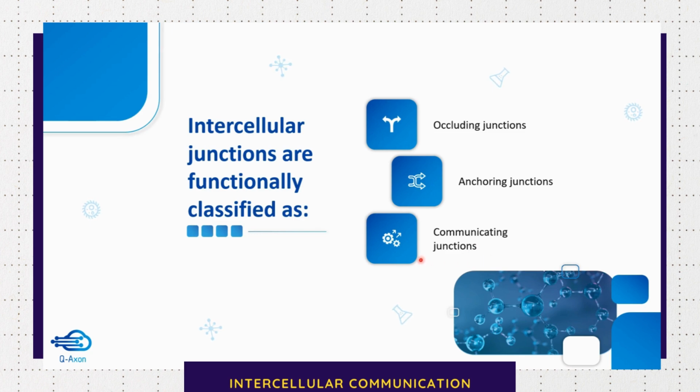Now these communicating junctions we have classified as the third mode of communication. In this particular mode of communication, that is interaction of surface molecules, we will mainly be dealing with occluding junctions and anchoring junctions.